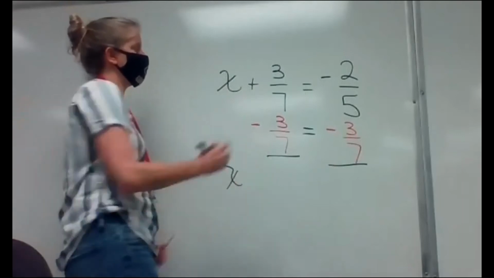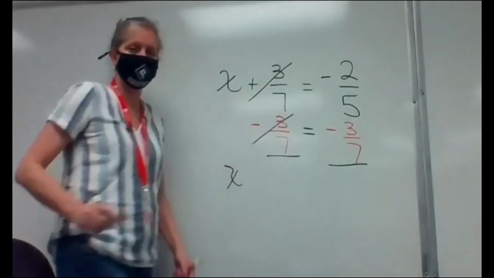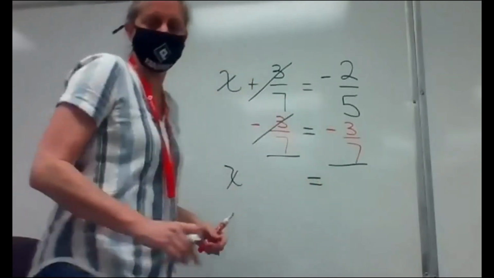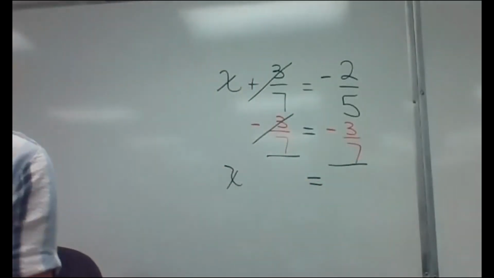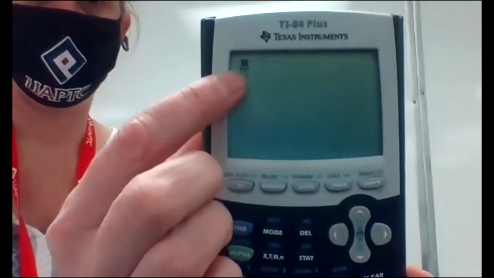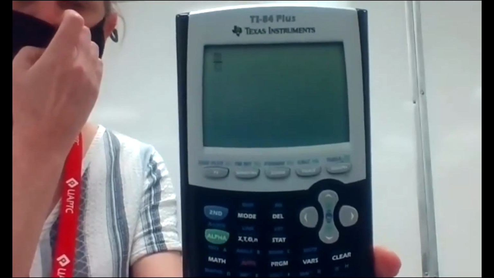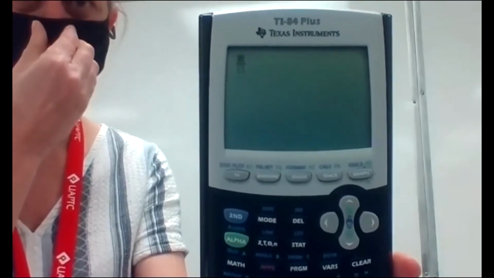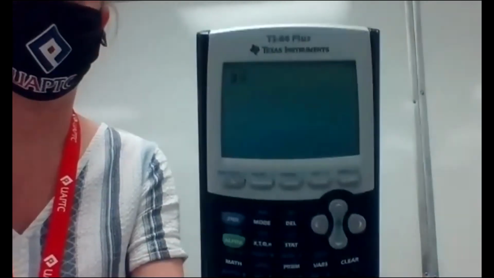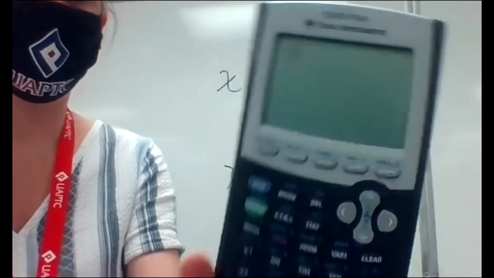Plus 3/7 minus 3/7 goes away. Equals. Now, I'm going to try this your way. Do I need to hit the negative before, or can I put the negative up there? I bet I can put it up there. You can press the arrow, and it's going to go to the side of the fraction, and you can put the negative on the side of the fraction. Yes, ma'am. Okay.